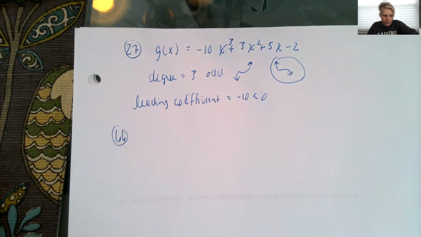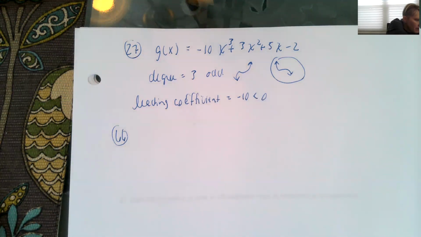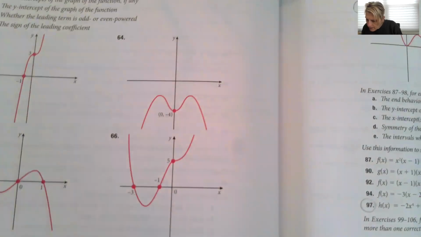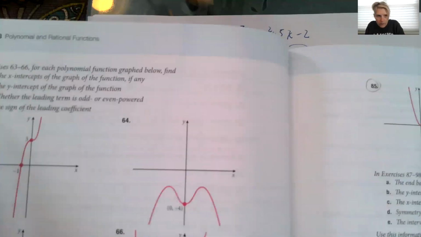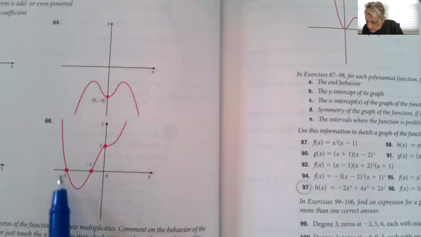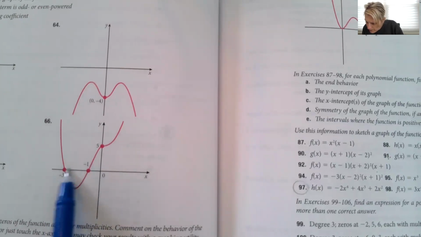And I'd like us to look at number 66. It's in the book. Let me show you. So 66 is this graph here. And it says part A up here, they want us to make sure you're looking up here. It says they want us to find the x-intercepts. So that's where we're crossing the x-axis.